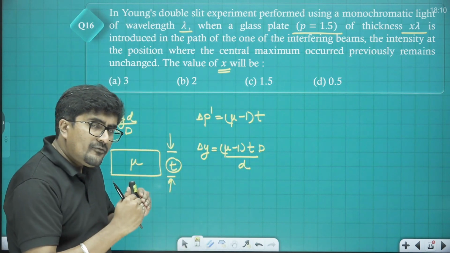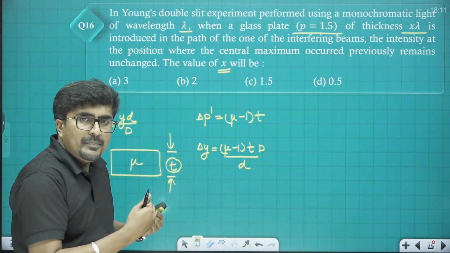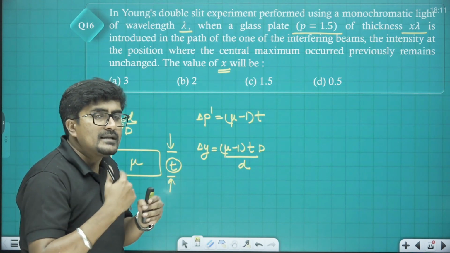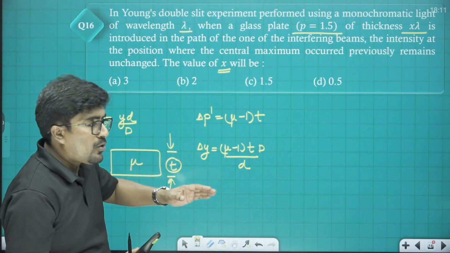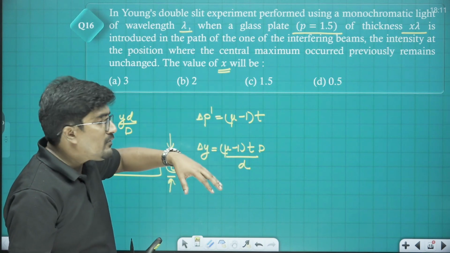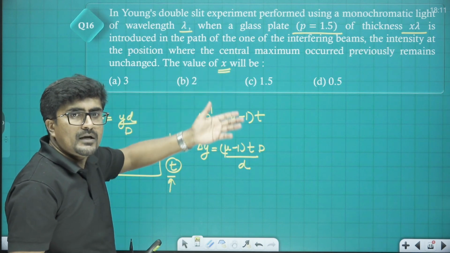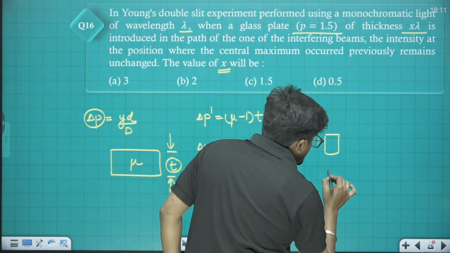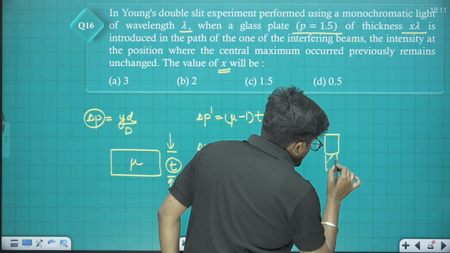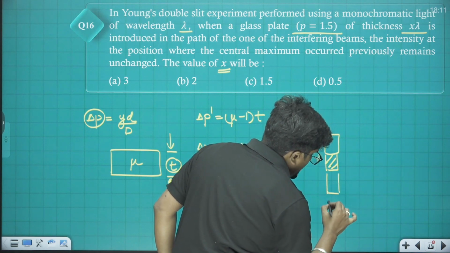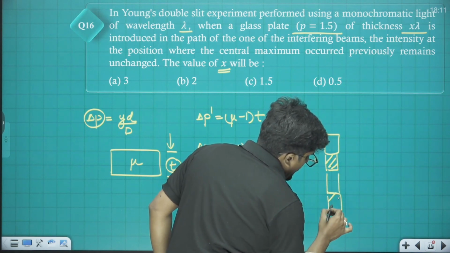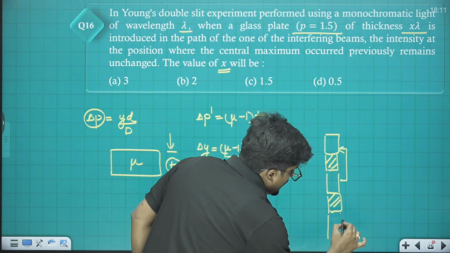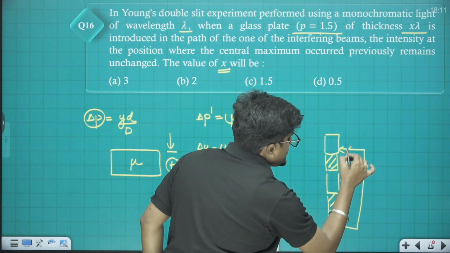If the central maxima is again appearing on the same point, that means the position of the bright fringe is getting overlapped. That means either the first one got overlapped with the second one, or the second one might have overlapped with the fourth one. If this is a bright fringe, here a dark fringe, here again a bright fringe, and here a dark fringe, either the shifting might be like this, or it must shift in this manner.